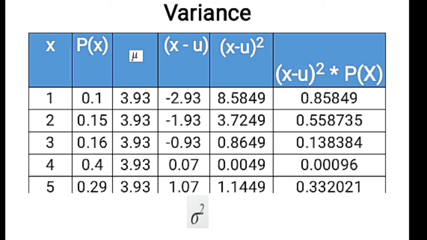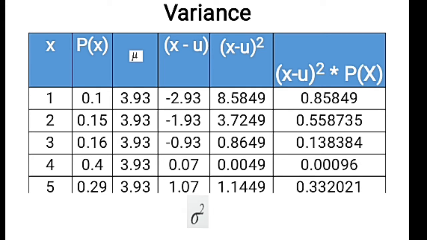The first column would be the number of additional employees. The second column would be the corresponding probability. The third column would be the mean. Then we get the difference of x and the mean.